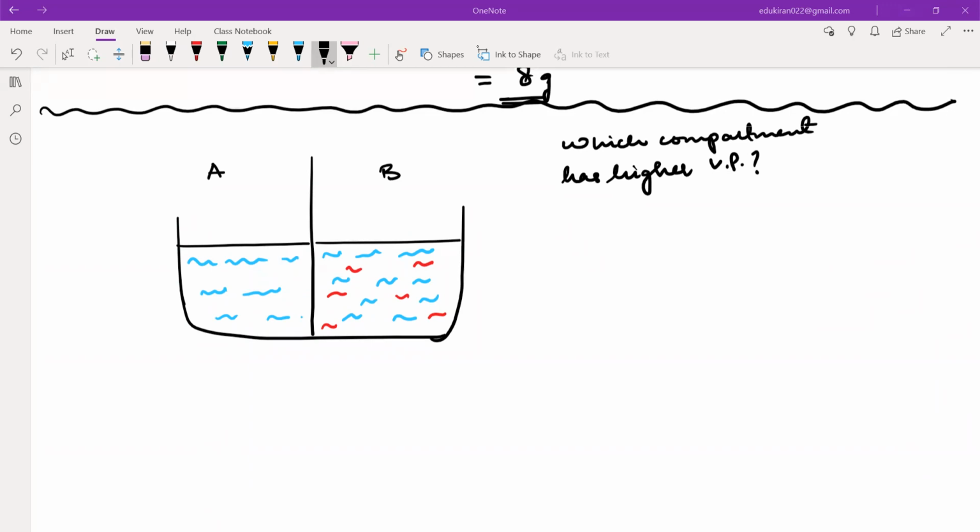I'm asking something now. Okay, fine. I understand now. कोई कुछ भी रिवाइज नहीं कर रहे हैं आप लोग. Which compartment will have higher vapor pressure, the pure solvent or the solution?